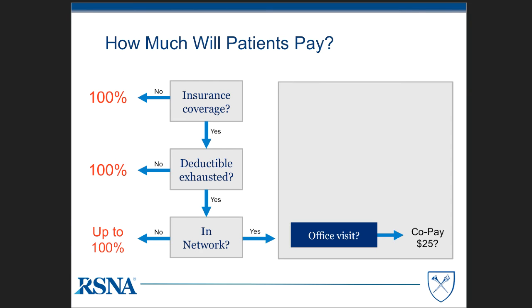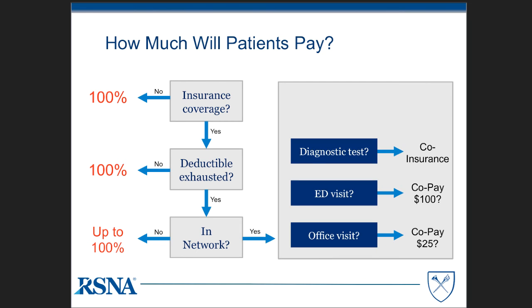Some plans say $25 for a primary care physician and $50 for a specialist. If you go into an ED, emergency department, there may be, say, a $100 copay. If you get a diagnostic test, such as imaging, you may be subject to considerable coinsurance. And if you get hospitalized, again, it depends a lot based upon your plans. You may be on the hook for a lot, or as I'll show you an example in a moment, none at all.